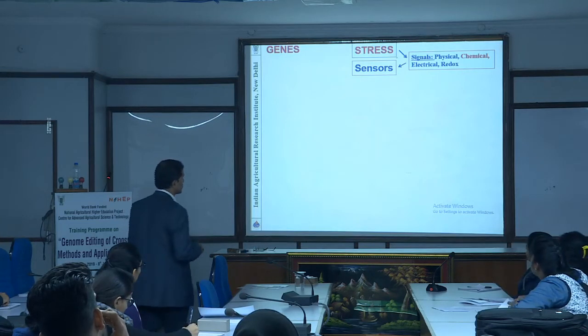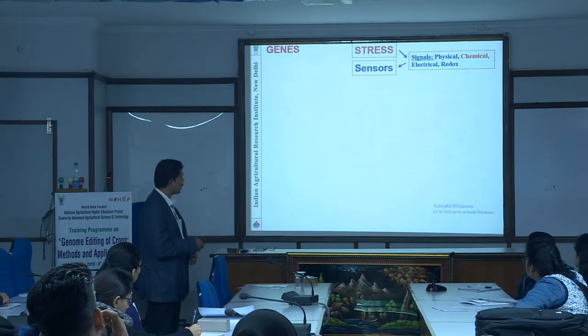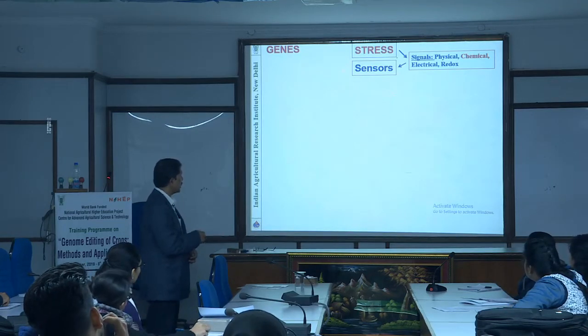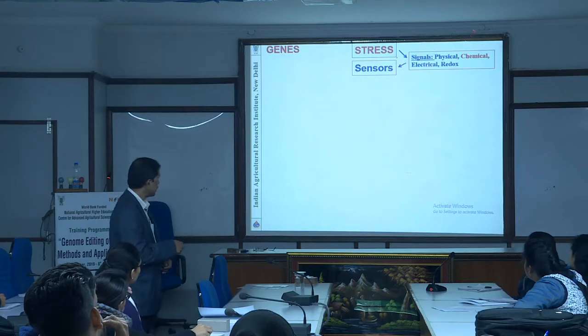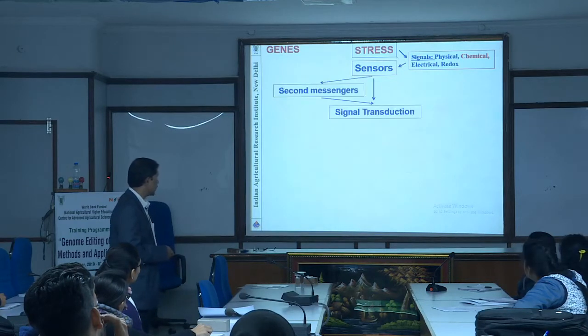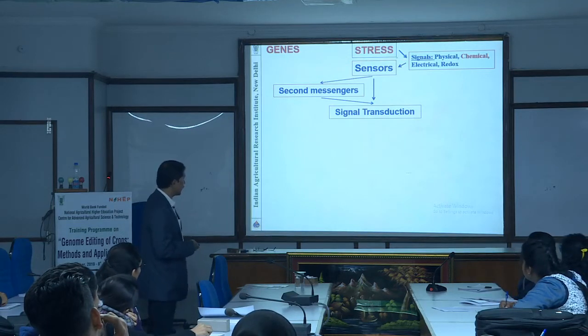So a large number of signals can be there, it may be primary signals or other kinds of signals. We have maybe very few sensors that directly sense the primary signals per se. So still a lot of work needs to be done on how the plant senses various kinds of stresses.